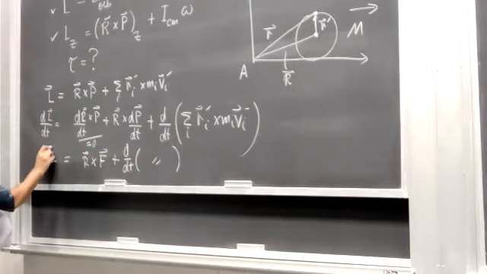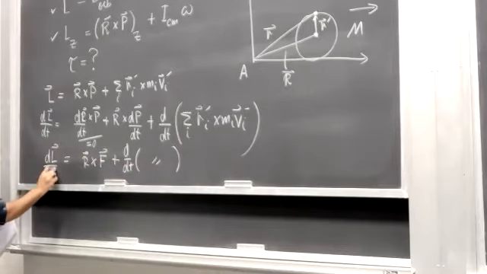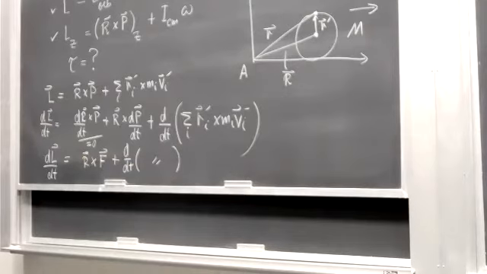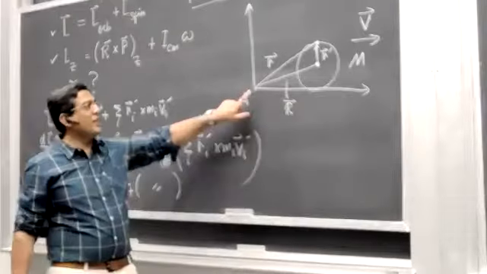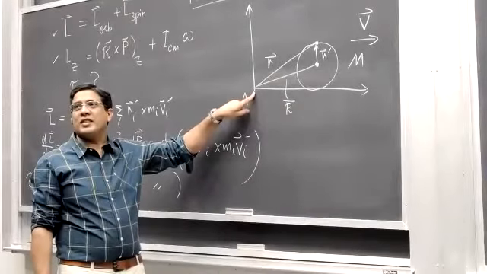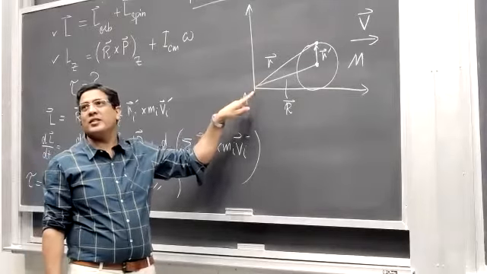This is dL over dt. Now this is torque, by definition, as measured from this stationary frame of reference, this origin outside the object.